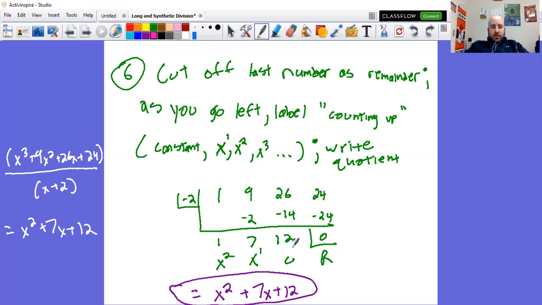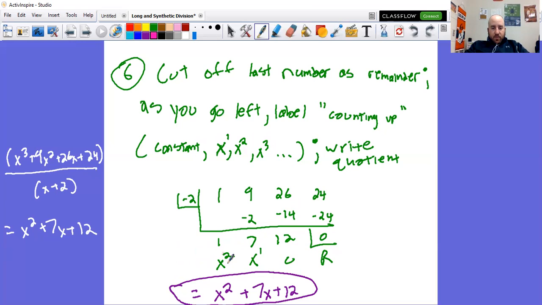Okay. So 12 is a constant. 7, I label x to the first. 1, I label x squared. And again, that's as far as I'm going to go. For x to the first, x squared, x cubed, and so on, these are going to be my coefficients. That's why I was still calling them coefficients earlier, because they still wind up being coefficients for your final quotient.